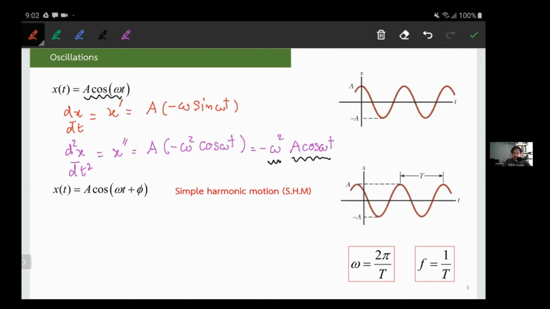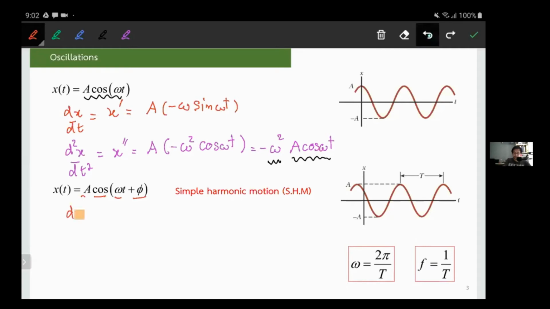What about if I have A cosine omega t plus some constant phi? All right. Some of you start to see that, oh, it's not going to change a thing, because when you add some constant inside the argument of sine and cosine, the chain rule has no effect on this. You're not going to get any extra stuff from it. So let's do this one together.